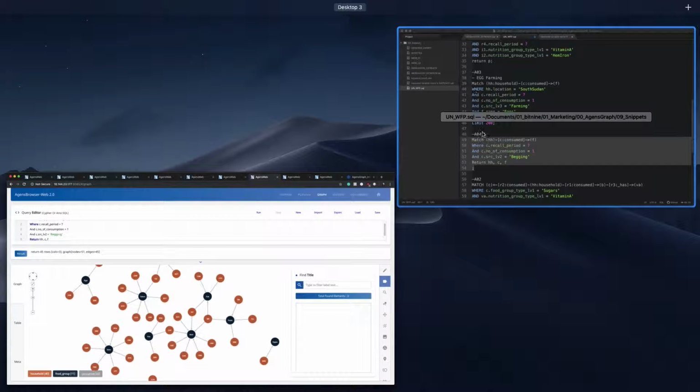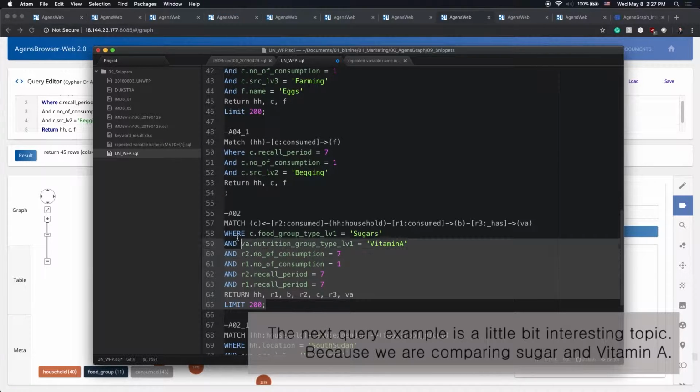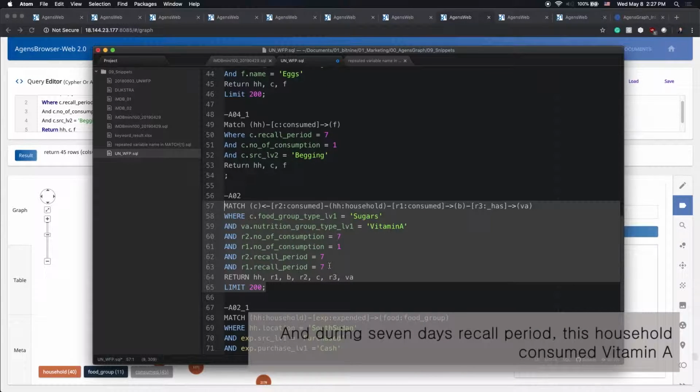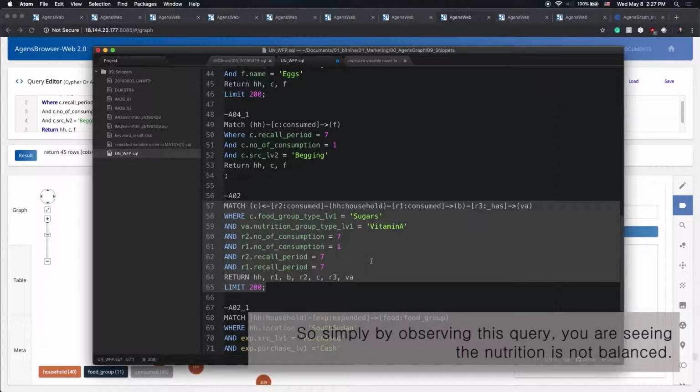Okay, the next curious example is a little bit of an interesting topic because we are comparing sugars and vitamin A. During the 7-day recall period, this household consumed vitamin A only once, while consuming sugars 7 days in a row. Simply by observing this, we see the nutrition is not balanced.